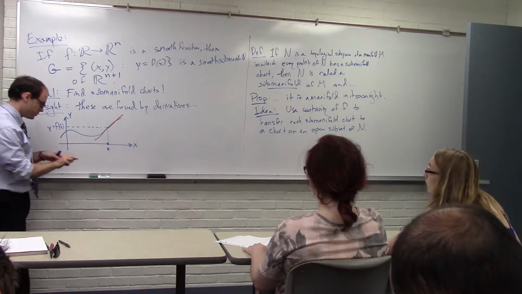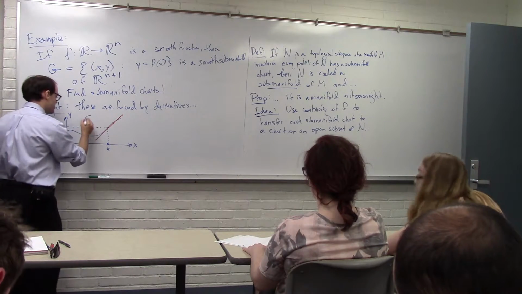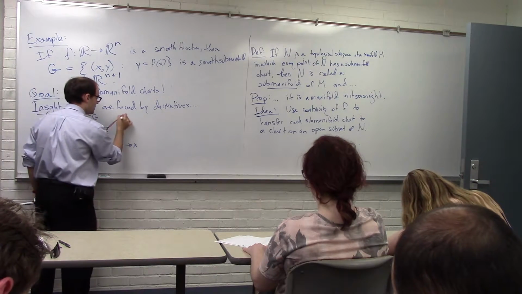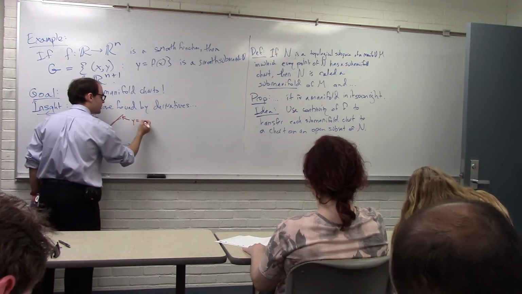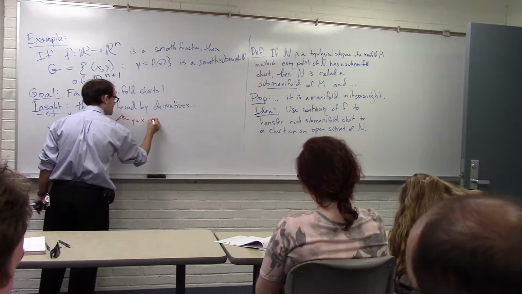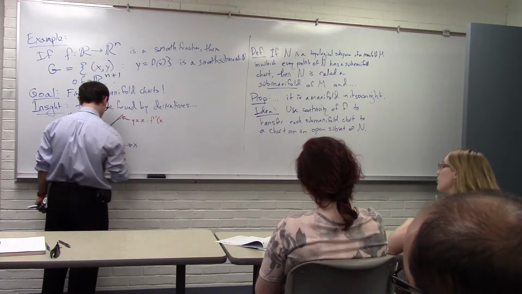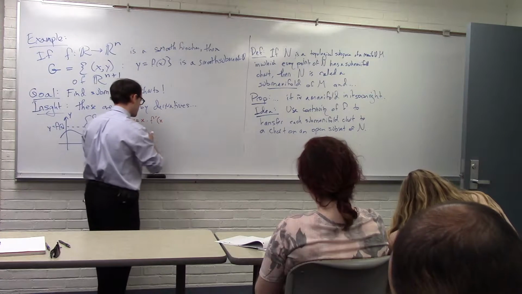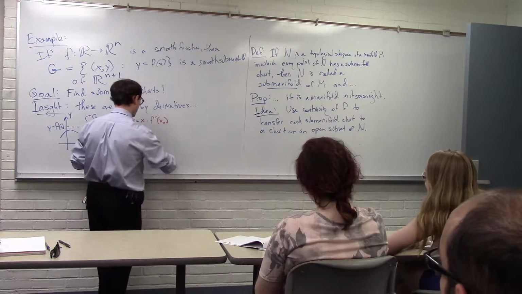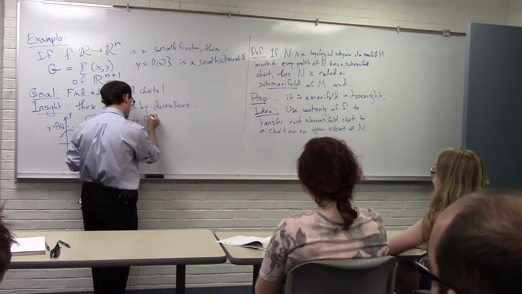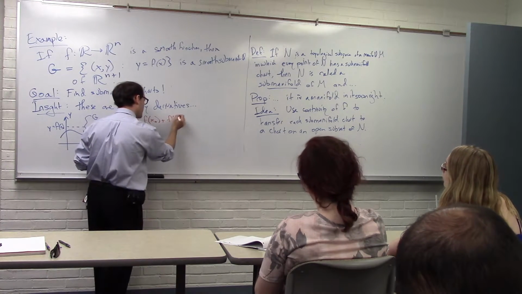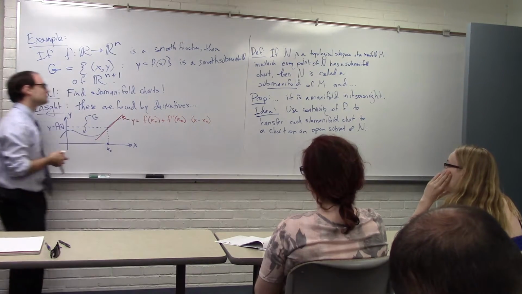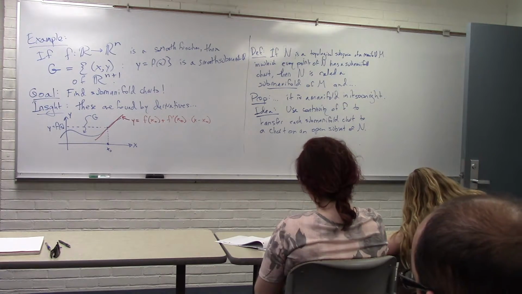The graph, this blue set, is G. This is the tangent line, the line y equals f(x0) plus f prime at x0 times (x minus x0), the Taylor series at x0.